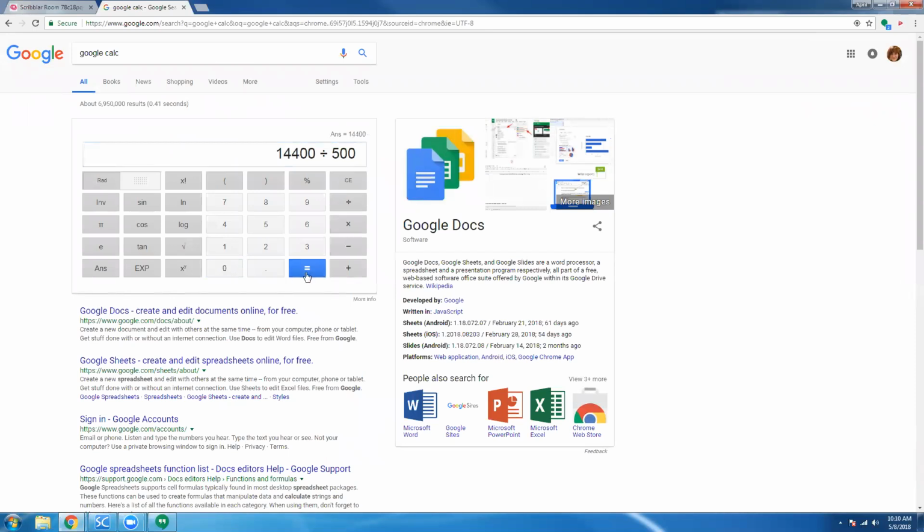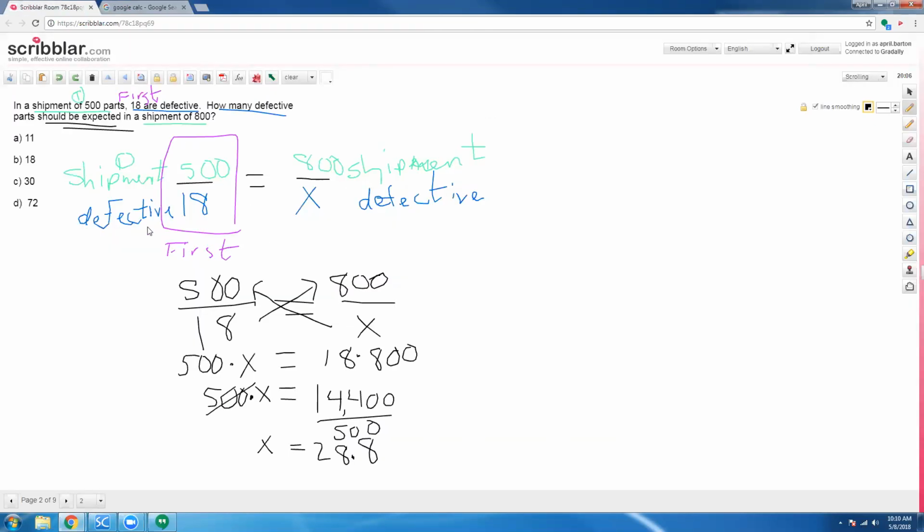So I may have just copied the problem correctly when I typed it in. Last time I actually took screenshots, but it was hard to see, so I tried copying them over. So I apologize, it didn't come out exactly. It probably was just a typo when I was typing it in. But the theory is still sound. You still set up your proportion, still cross multiply, still solve.